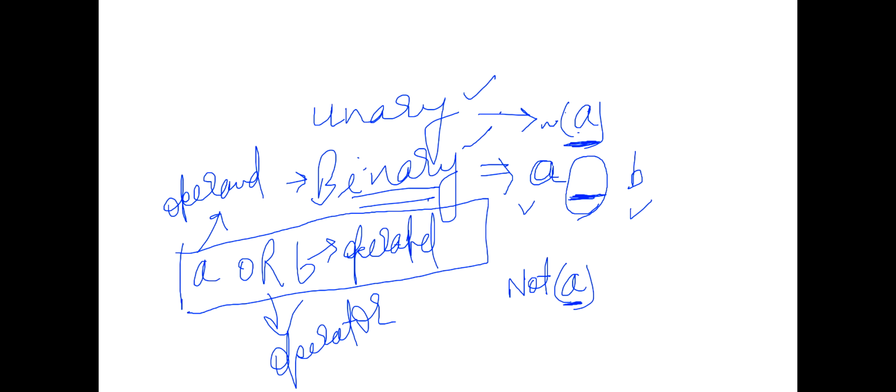Unary, binary, A or B. That means my screen is visible because Ruchi is able to see my screen. So I think there is not any issue from my end. But I don't know, I'm unable to see. I'm seeing only the first slide.